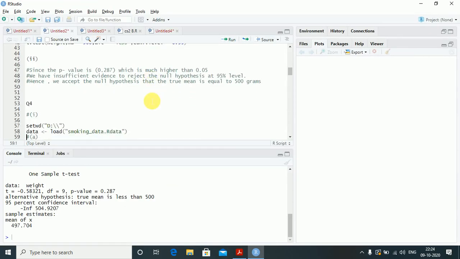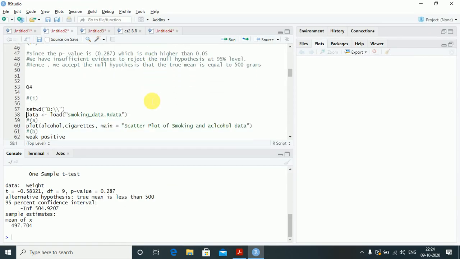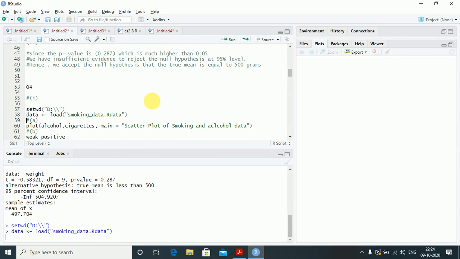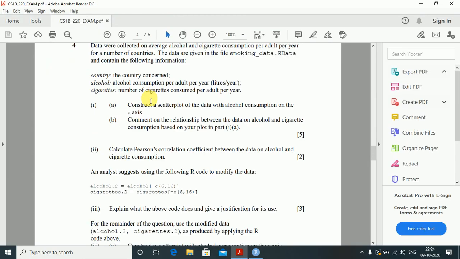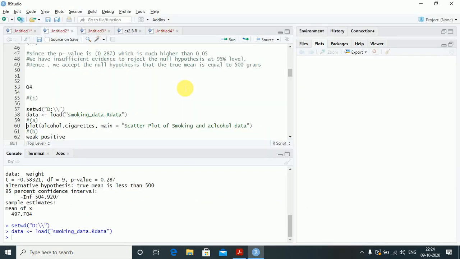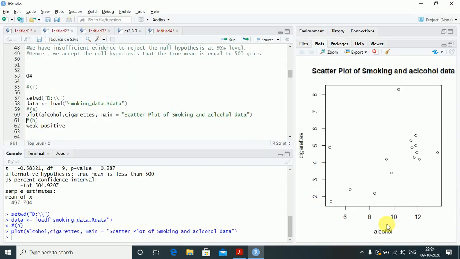So you do the plot of alcohol, cigarettes, since you have been asked to comment on the relationship between alcohol and cigarette consumption based on your plot. So we plot alcohol on the x-axis and cigarettes on the y-axis, and if you see, the data shows a somewhat positive relation, but it's a weak positive relation.